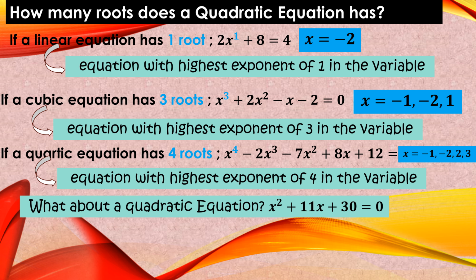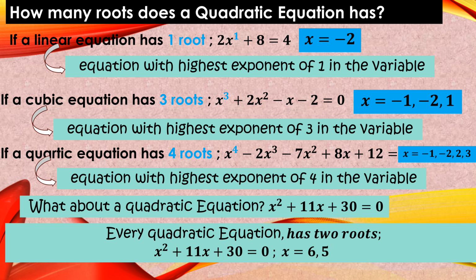In a quadratic equation, as you have seen, the highest exponent of the variable x is 2. Then it is said that every quadratic equation has 2 roots. So we have already answered the question, how many roots does a quadratic equation have?